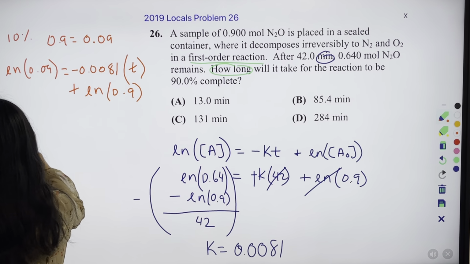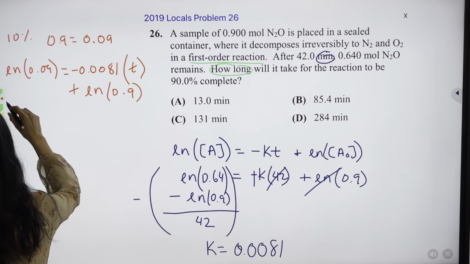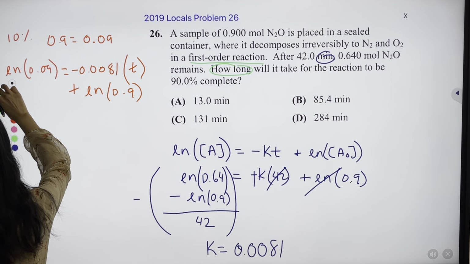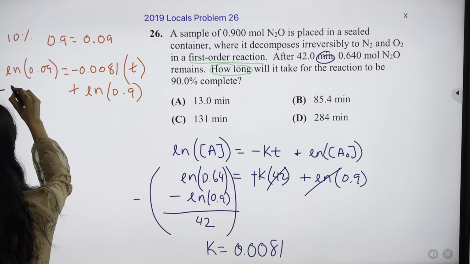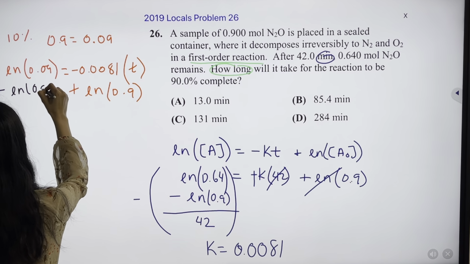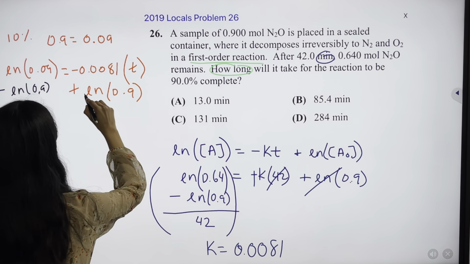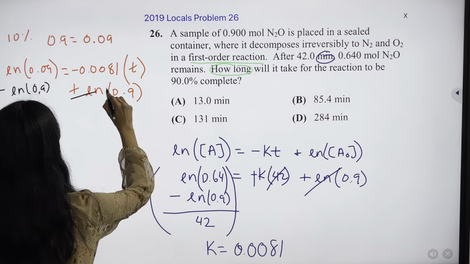So let's subtract the natural log of the 0.9. Okay, let's subtract that, and let's divide it by the 0.0081.